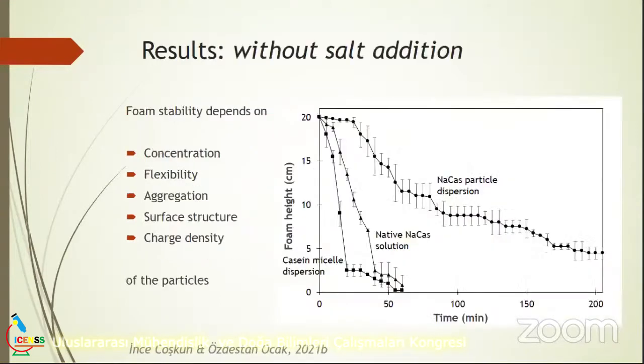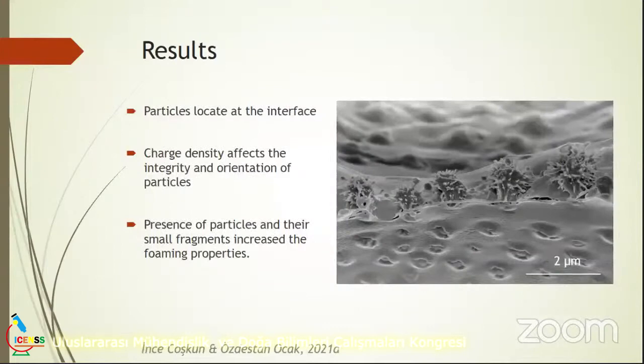Now, results show that the particles locate at the interface. Here you can see in the picture the particles. Of course, this positioning depends on the extrinsic and intrinsic factors that I have just mentioned.